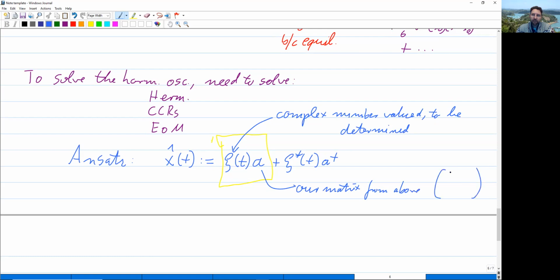Remember, it was 0, 0, 0, 0, and then the square root of 1, square root of 2, etc., and 0 everywhere else. This is what A was. So, with this yellow box, we have a function of time that is commutative, which might be able to take care of the equation of motion, multiplied with A, which has no time dependence, but has a non-trivial matrix structure and may be able to take care of the canonical commutation relations.